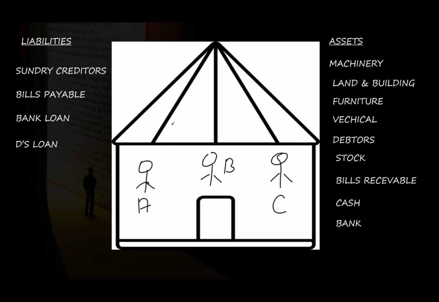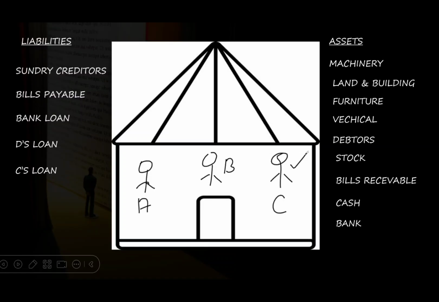And if any one partner has a surplus amount and is willing to lend a loan to the firm, say for example C has some excess amount in hand and wants to give a loan to the firm, this also will be a liability for the firm. We call it C's loan, but this will be an internal liability.